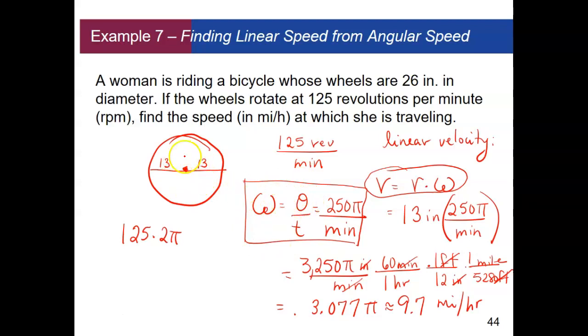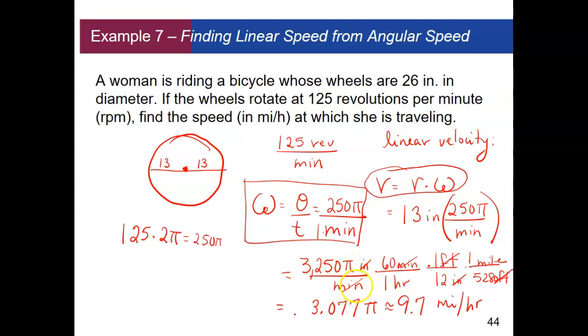So it's 125 times around, and each time around is 2 pi. So this is where we get the 250 pi from that goes in for theta. And that is per minute. So this is like 1 minute that's in the denominator. So this ratio then is going to represent our angular speed, and that goes in here in the place of the angular speed. If we multiply that out, then we get 3,250 pi inches per minute.